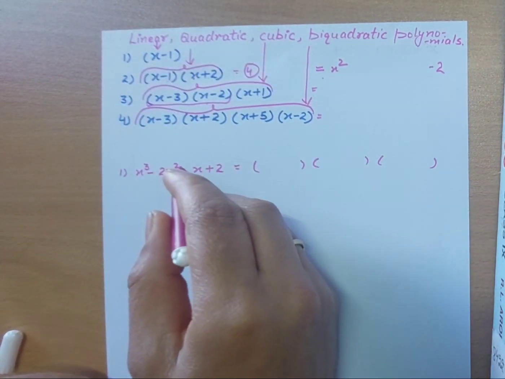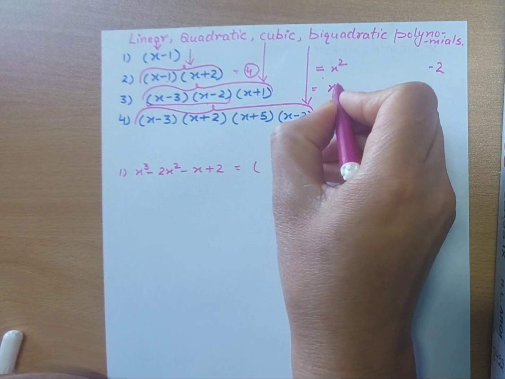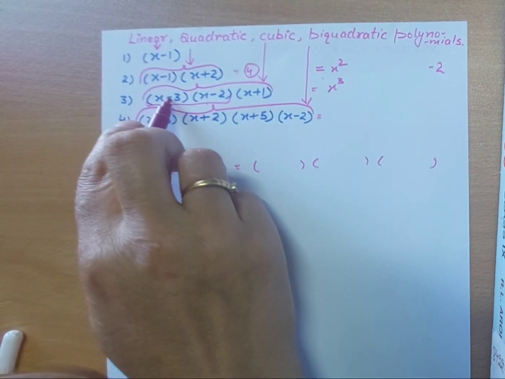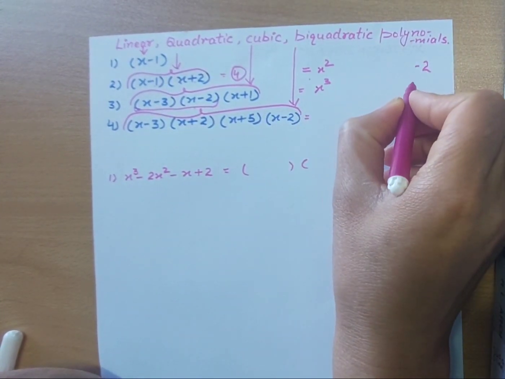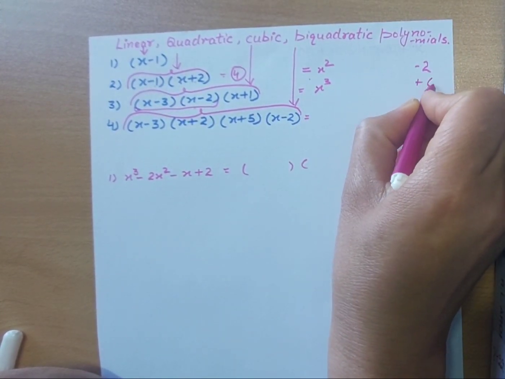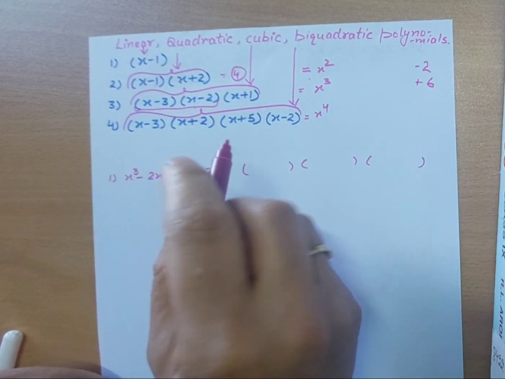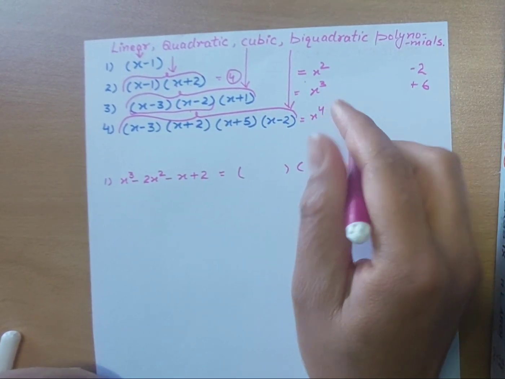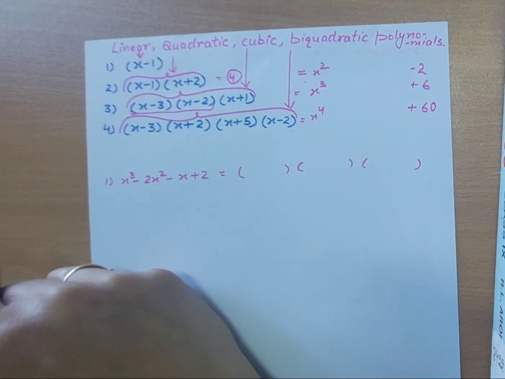So in all of these expressions, we can predict the first term and the last term. Here the first term is going to be x cube, x into x into x, and the last term is going to be minus 3 into minus 2 into plus 1, which is going to be plus 6. Here the first term is going to be x raised to power 4, and the last term is going to be 5 2s are 10, 3 2s are 6, and therefore positive 60.